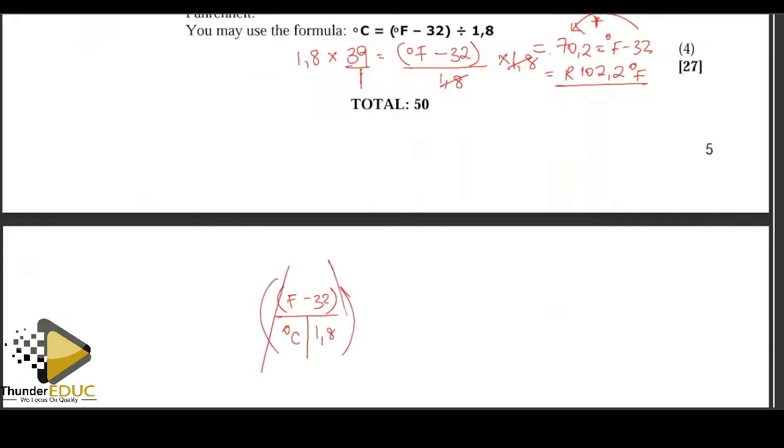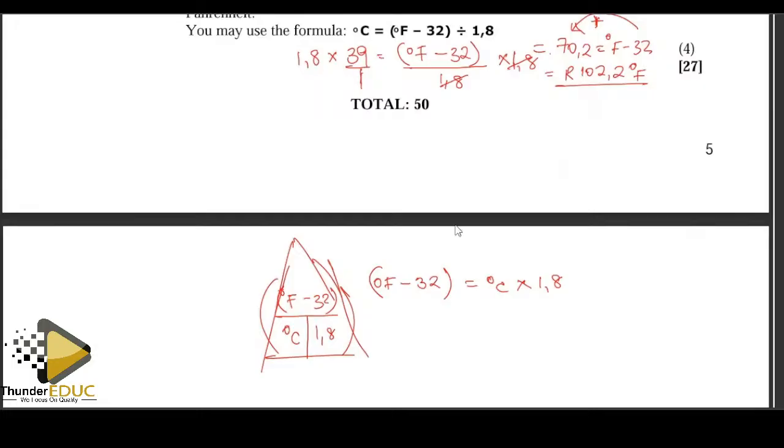Oh, trying to put it in a triangle. So I'm looking for the Fahrenheit here. So the Fahrenheit, I will bring it out, equals Celsius times 1,8.